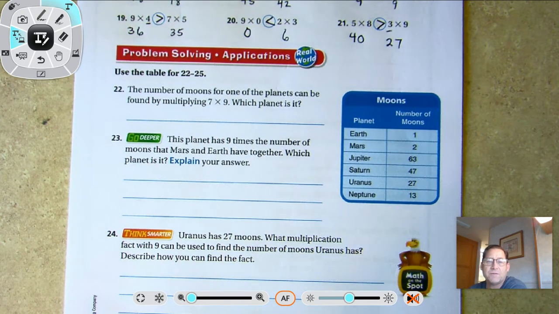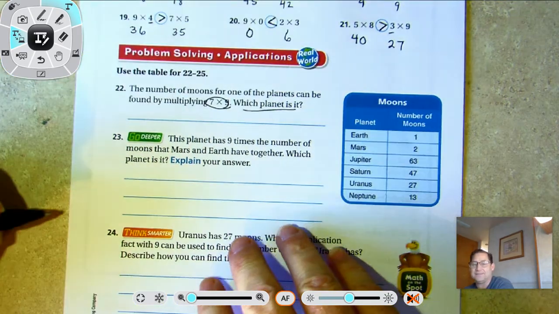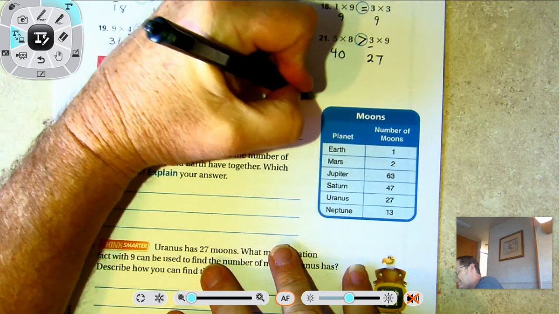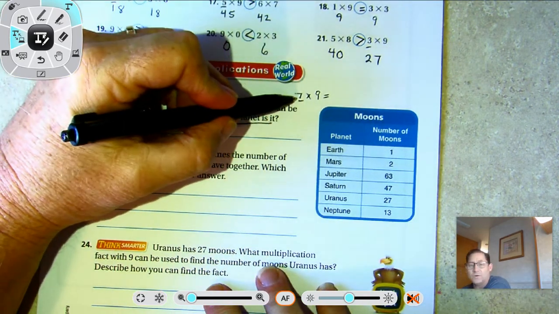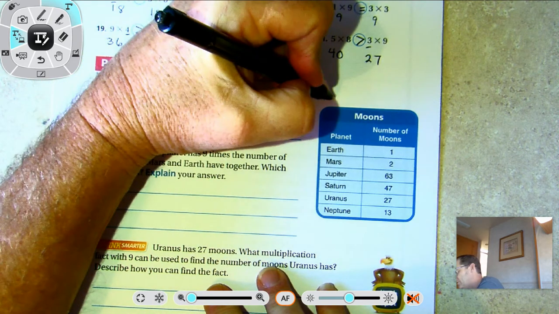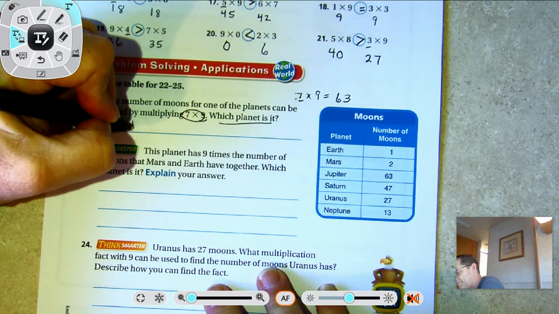The number of moons for one of the planets can be found by multiplying 7 times 9. Which planet is it? So I know my product, the tens is going to be 1 less than what I'm multiplying by. So 63. Jupiter.